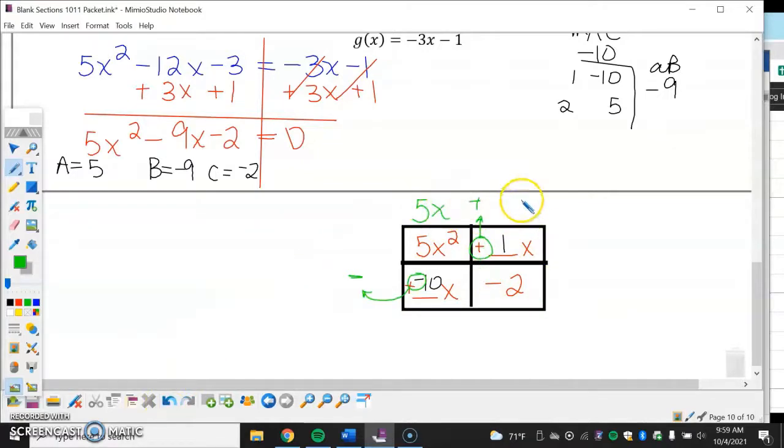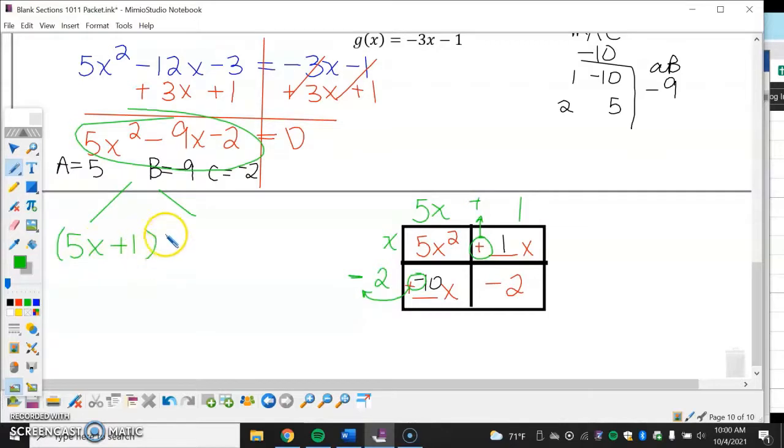I can only pull out a 1. I can only pull out an x here. And what would I need in this other factor that would multiply and make this box work? I could pull out a 2, because negative 2 times 1 is 2. All right, so we did all that to break this down into factors. 5x plus 1 times x minus 2.